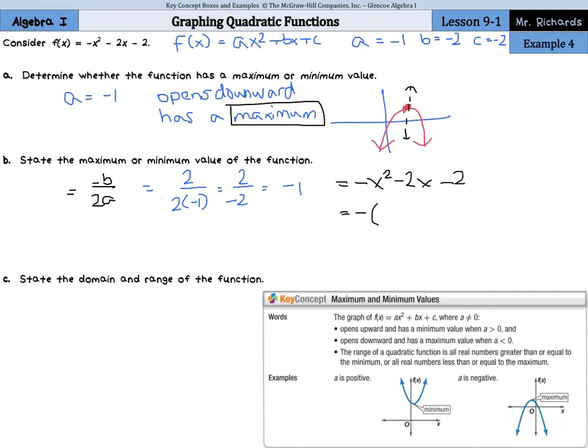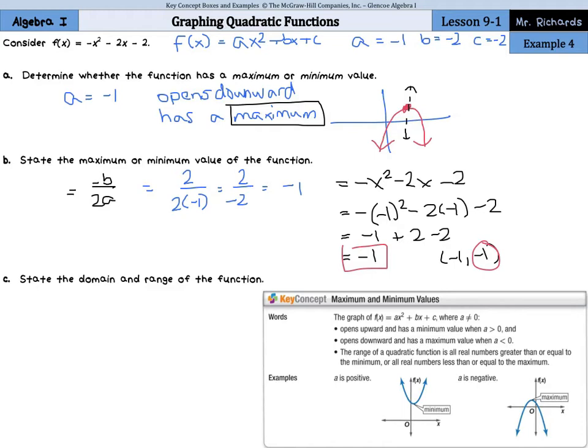So the negative 1 squared minus 2 times negative 1 minus 2. Negative 1 squared is 1, but the negative of that is negative 1, plus 2 minus 2, and this equals, coincidentally, negative 1. So if we were finding our vertex, the vertex would be at negative 1, but all we're interested in is that y value of negative 1. So our maximum is negative 1.